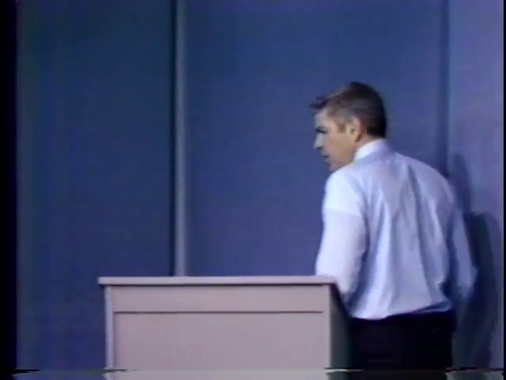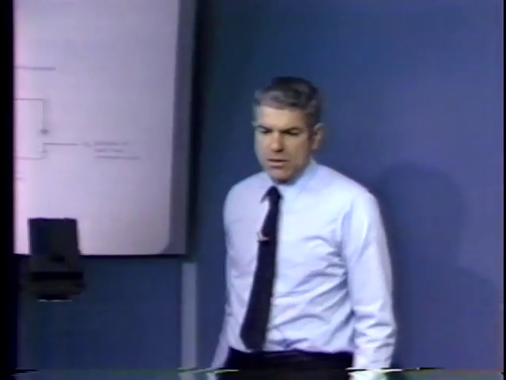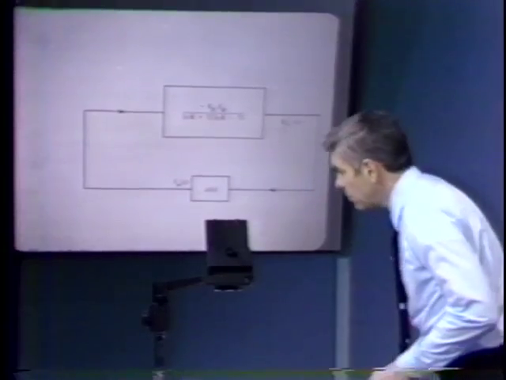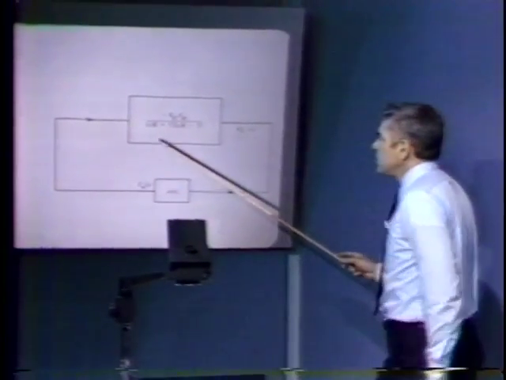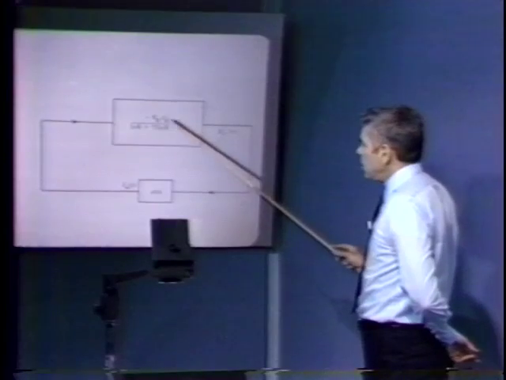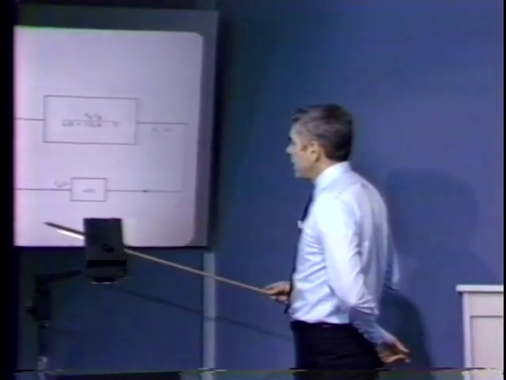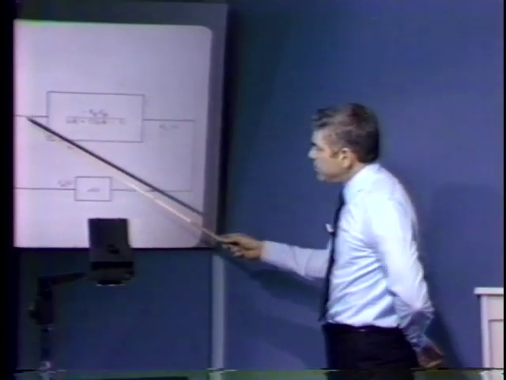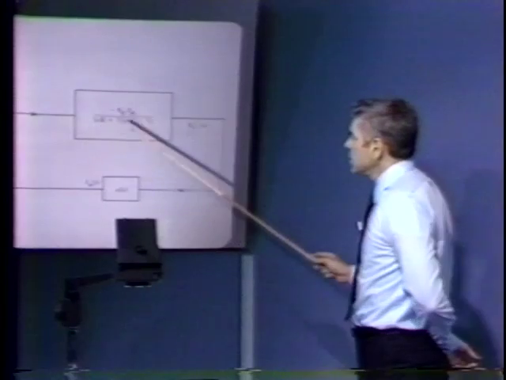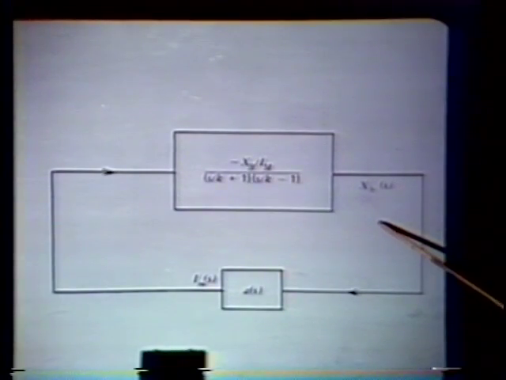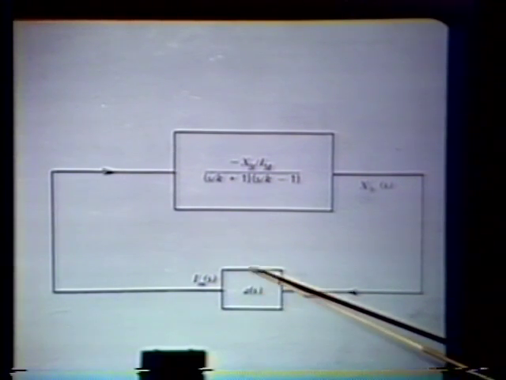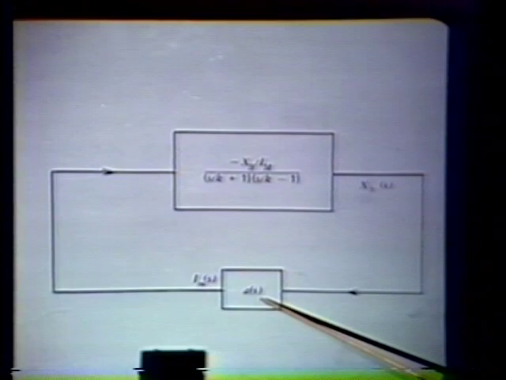Well, we can use that description of ball and magnet dynamics to generate a block diagram for our overall system. So here we have the block that describes the ball and magnet dynamics, the expression we had on the board earlier. We can consider the input to that block to be magnet current. The output is ball position. And then we complete our overall loop by taking an amplifier, with dynamics, presumably.